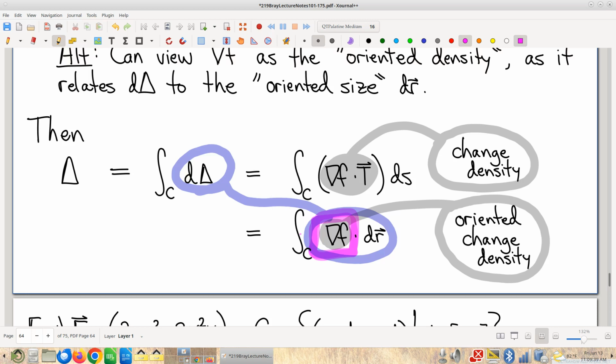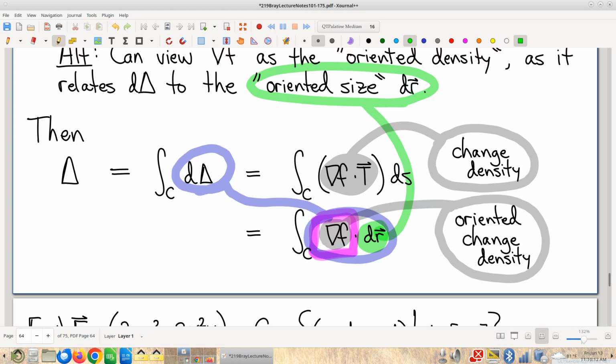And here's my take. I think this is very reasonable ultimately. This dr, I'm going to call oriented size. Now, let's take a moment to dwell on what are you talking about, oriented size? Size is a scalar. It's intrinsically a scalar. So, okay, granted. Well, this dr, being as it is T ds, is a size times an orientation.